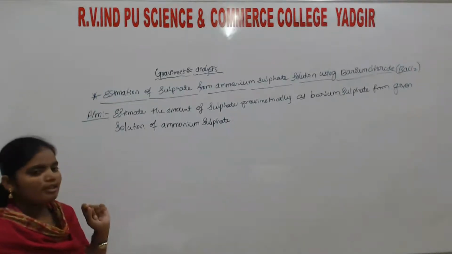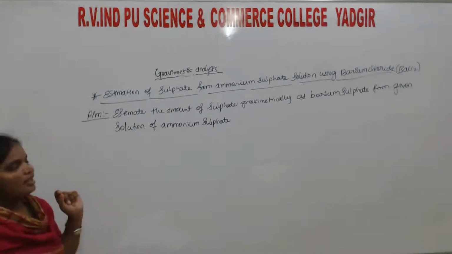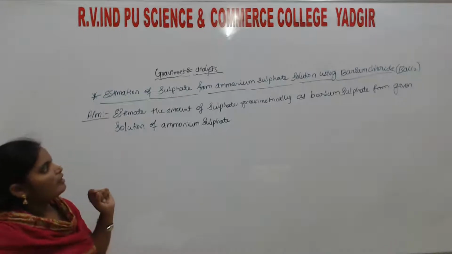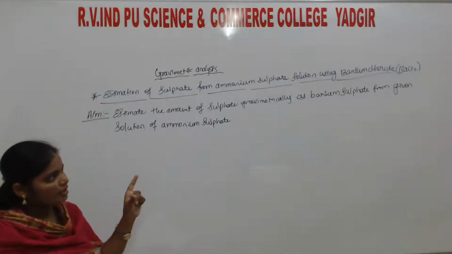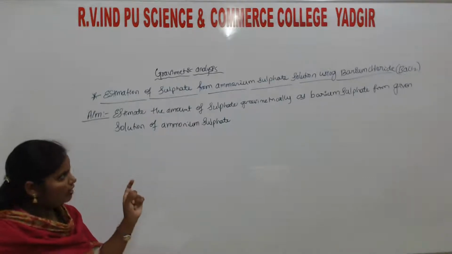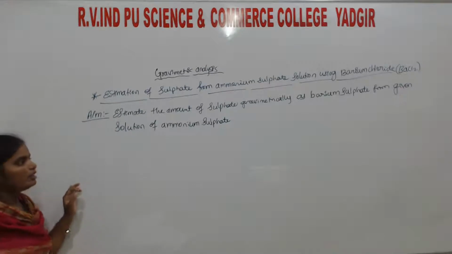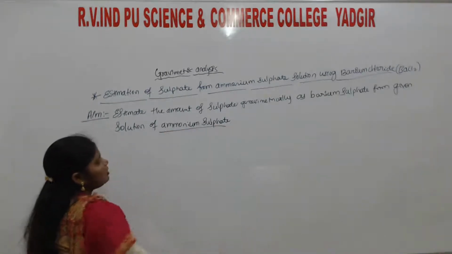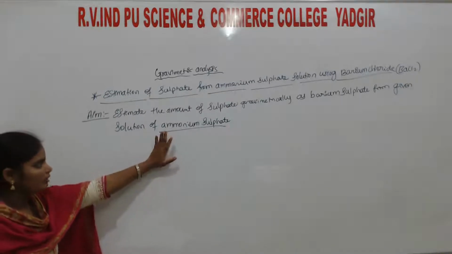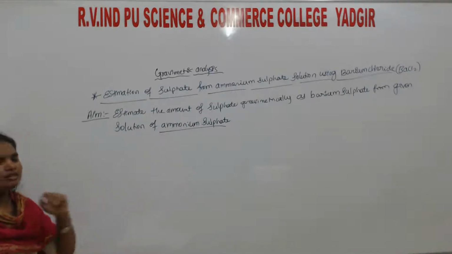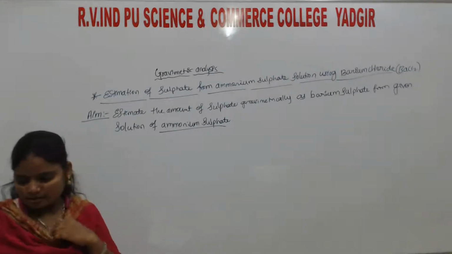Here you estimate the amount of sulfate gravimetrically as barium sulfate from the given solution of ammonium sulfate. The unknown is the ammonium sulfate solution, given in a 50 ml volumetric flask.